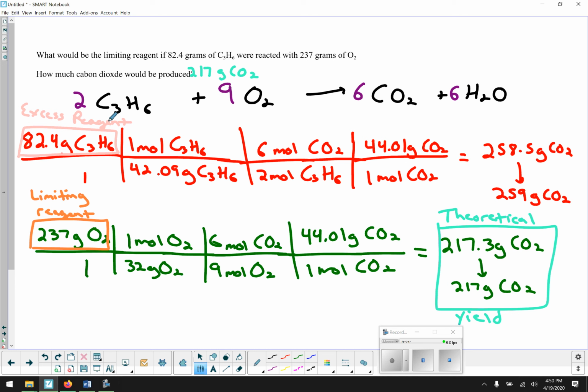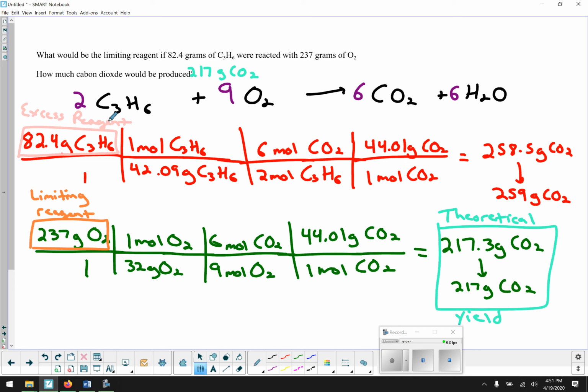It didn't matter because of the way the moles worked out, because of that molar ratio, and also because of the molar masses of all the reactants and products. 237 grams of oxygen, even though it's a lot of oxygen compared to the amount of propene we had, still makes less CO2. It makes less of it, and that's what matters. So it will run out first. And so that's our limiting reagent.